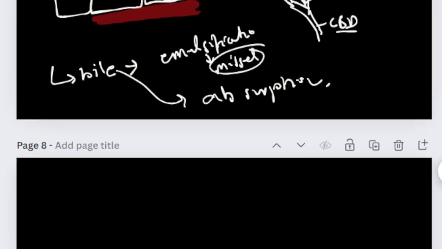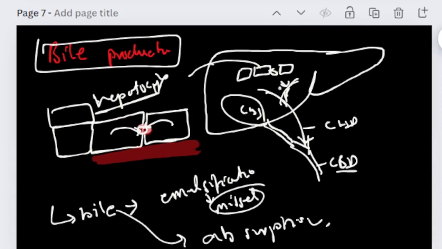Now this is actually bile. We have explained the bile production. The next thing is, for example, how this bile, I'll just explain a little bit. When this bile is secreted here, it moves to the gallbladder and is stored in the gallbladder, okay.